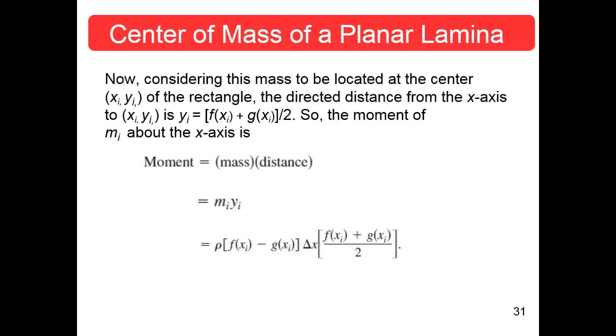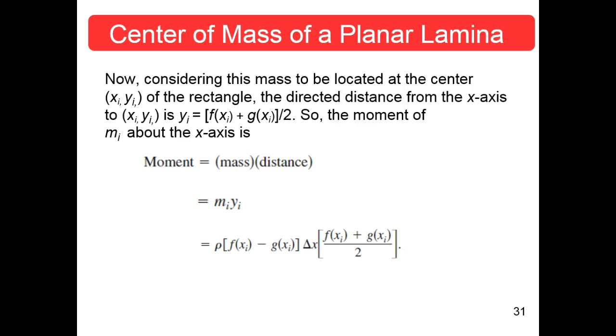Now considering that mass to be located at the center of the rectangle, the directed distance from the x-axis to that would be the average of the two y values. So add these up, divide by 2. That's going to be the center of mass from the x-axis.